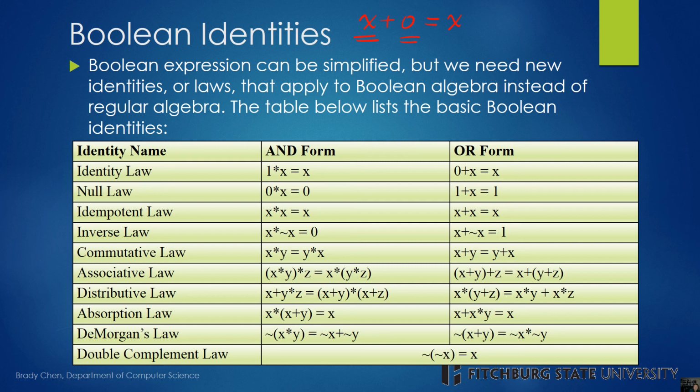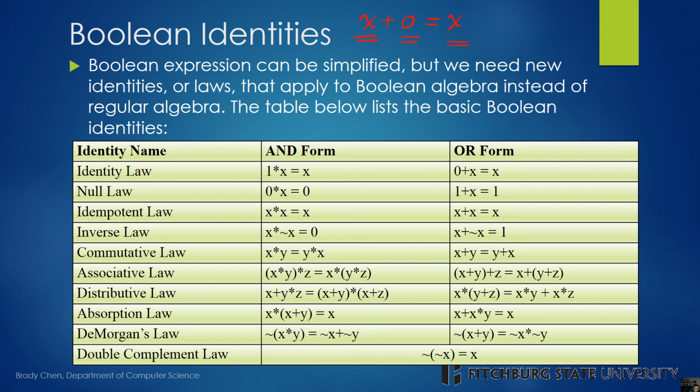equals the original anything, which is x, no matter what value that anything might be. So that's one of the algebraic identities.